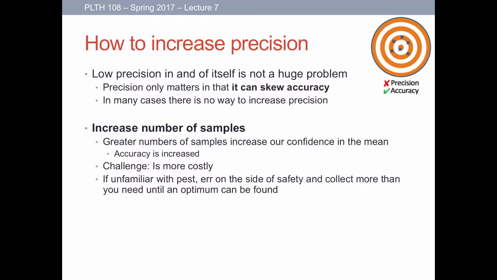So the easiest way to increase precision is to increase the number of samples you take, right? If you're starting to skew a little bit, you can sample more often. It'll give you greater confidence that you are near the true average of the population. One challenge with this, of course, is that monitoring and sampling is not necessarily expensive, but it does cost money.